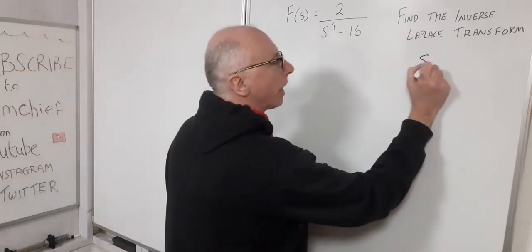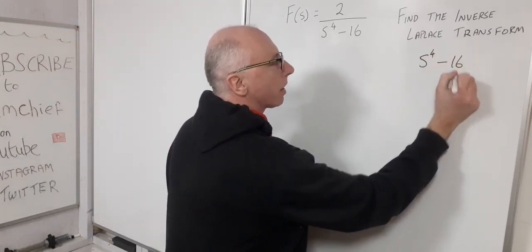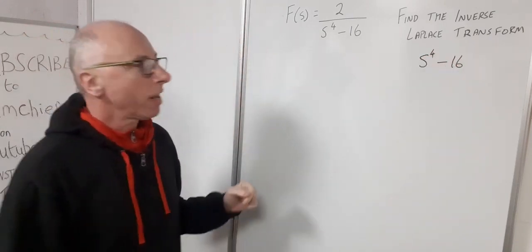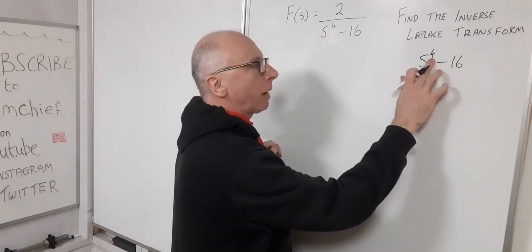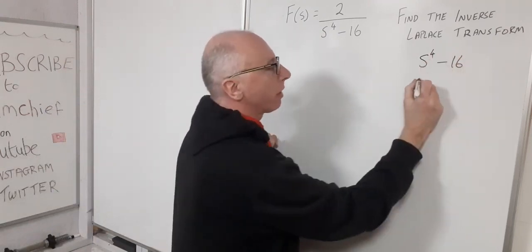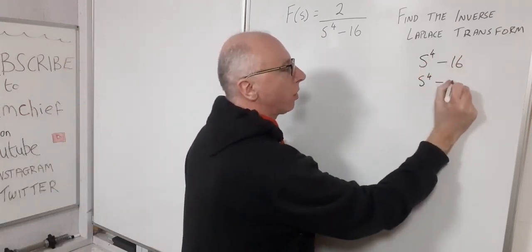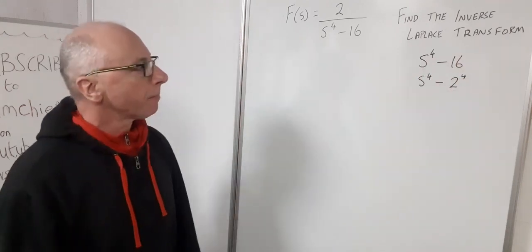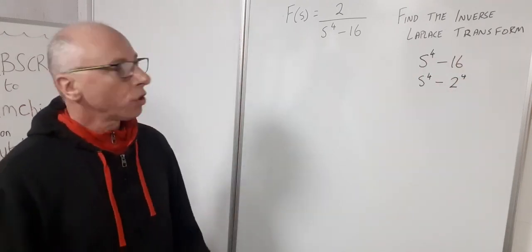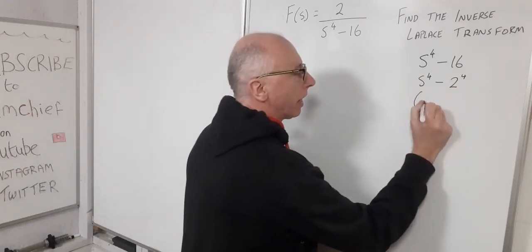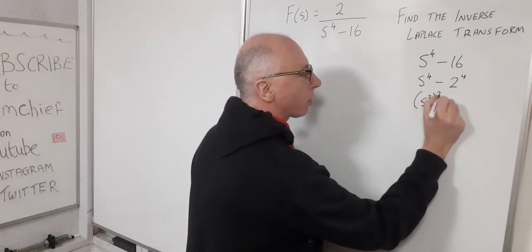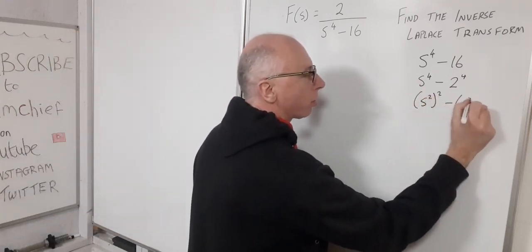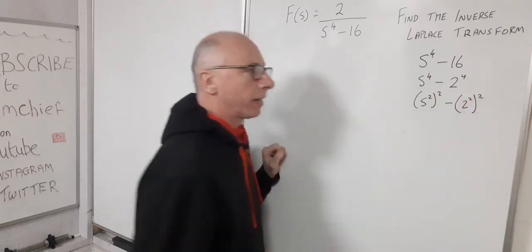So we've got s to the 4 minus 16. Now we could rewrite that as s to the power of 4 minus 2 to the power of 4, which is 16. So now we've got a difference of two squares, if we write it as s squared squared minus 2 squared also squared.